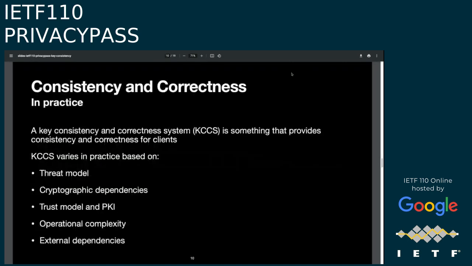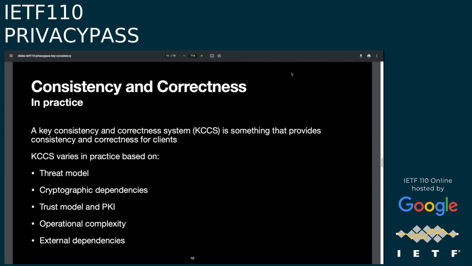So we refer to such a system as a key consistency and correctness system, or KCCS. I'm bad with acronyms, I guess.